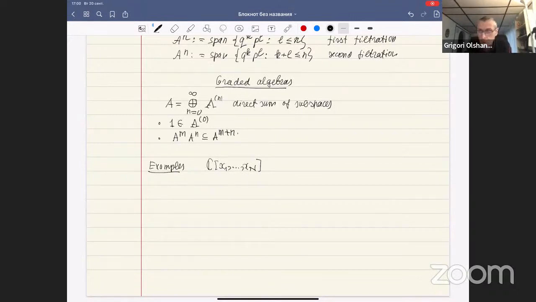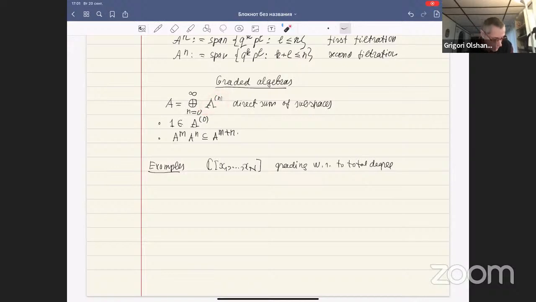The most common is to take the grading with respect to total degree. The linear basis is formed by monomials, and we say a monomial has total degree, and then it is in this component.